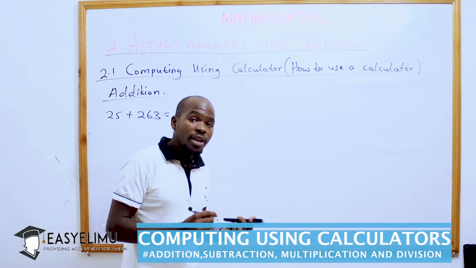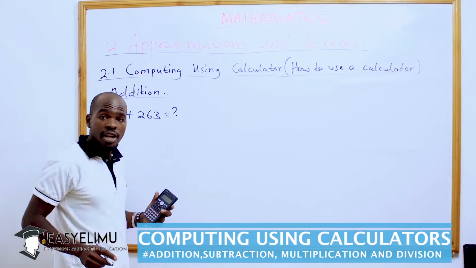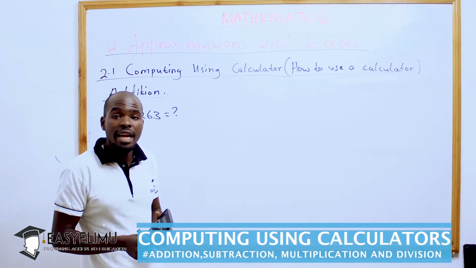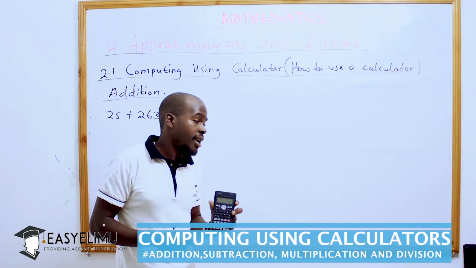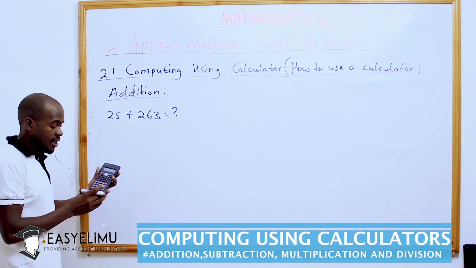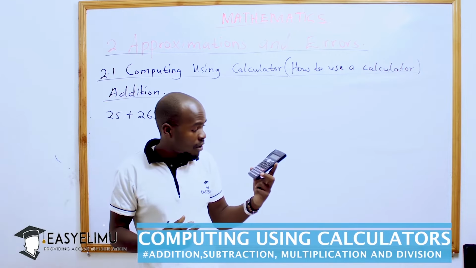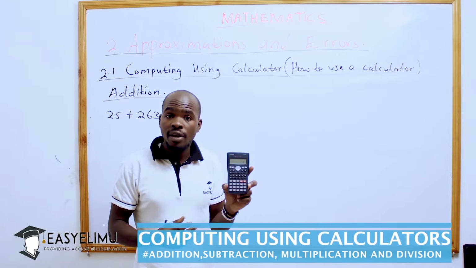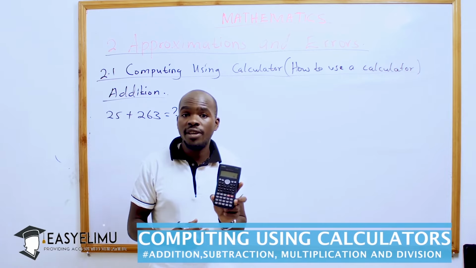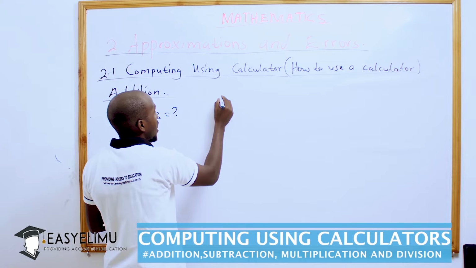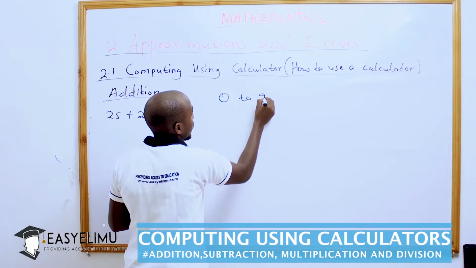Having been given this kind of sum, the first step, after turning on the calculator, is to look at the keys. The calculator contains different sets of keys. You will identify some of the keys run from 0 to 9.